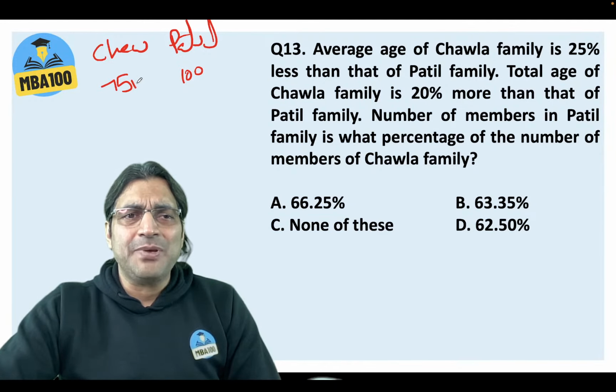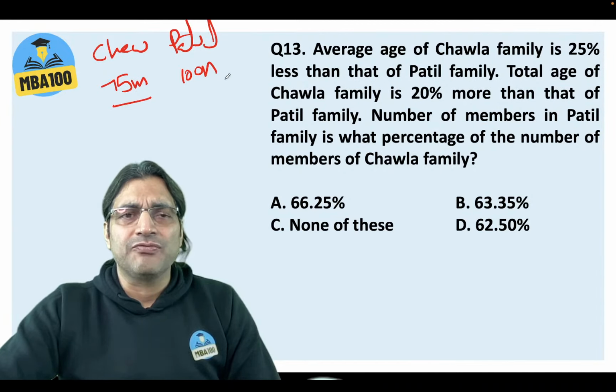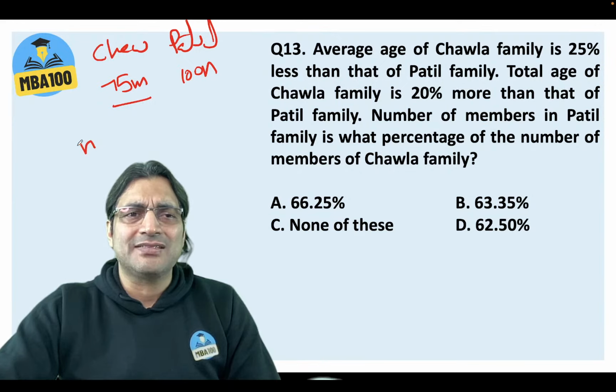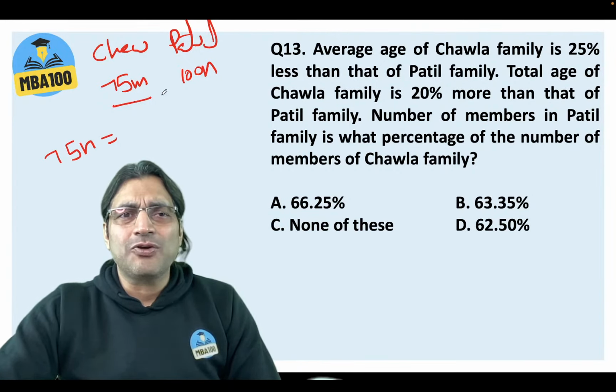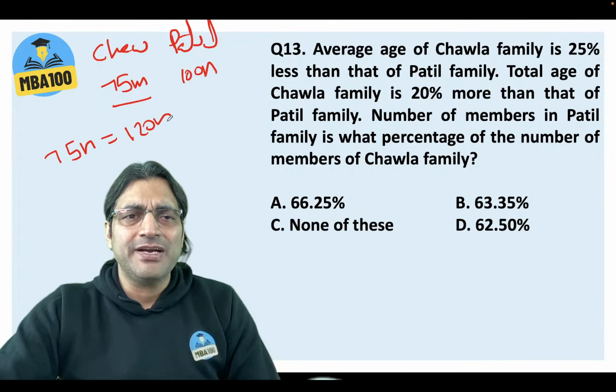And let there be M people here, so total age would be 75M. And let there be N people here, so it would be 100N. Now it's as simple as this. 75M is equal to 20% more than 100N, so this is 120N.